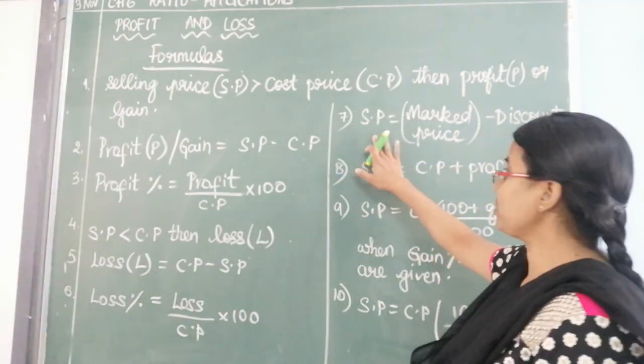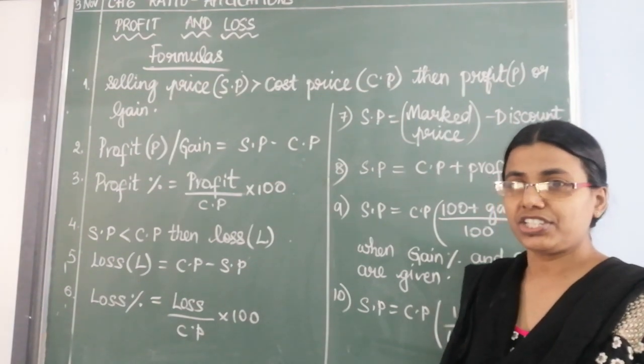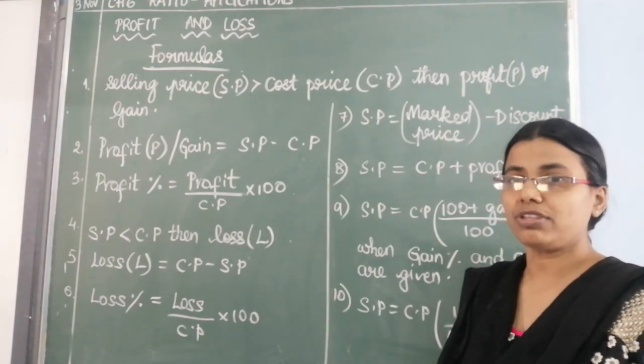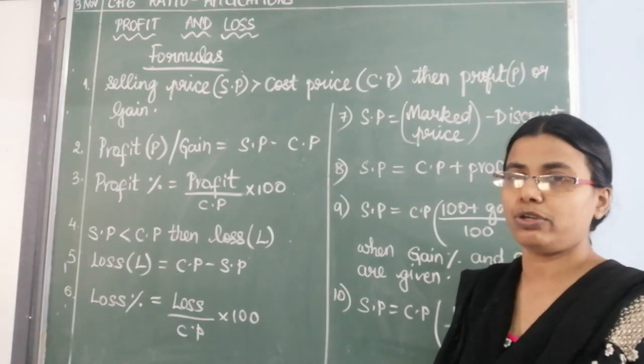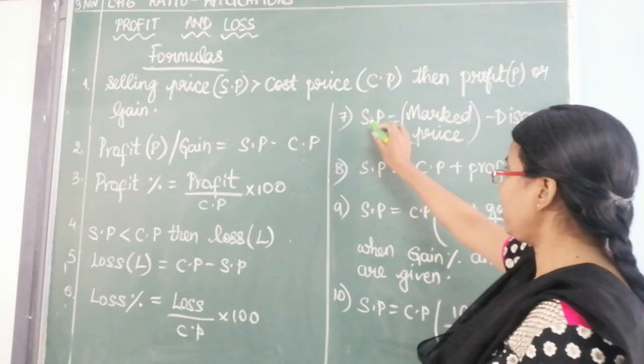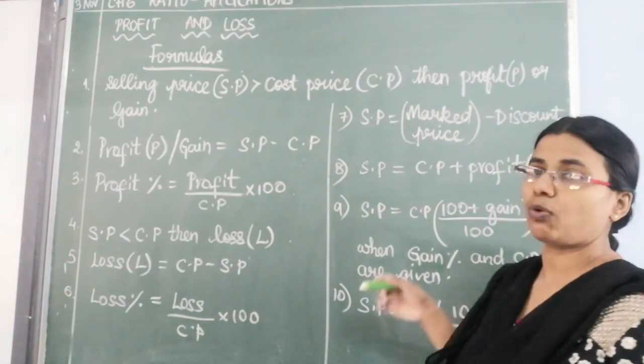Now next one is SP. How to find out SP? Different conditions are given. According to that, you need to select which formula you are going to use to find out the value of the selling price. Selling price is equal to marked price minus discount.